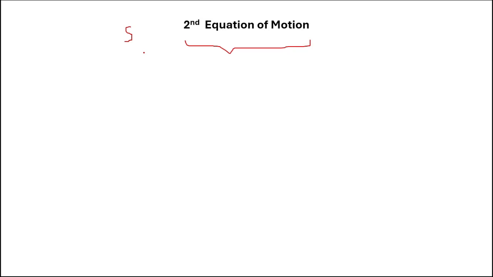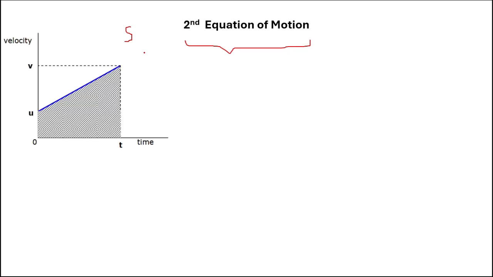We again have a velocity time graph, the same case we studied in the previous equation. The object is initially, at time 0, moving with velocity u, which is the initial velocity, and at final time t, the object is moving with velocity v, which is the final velocity.